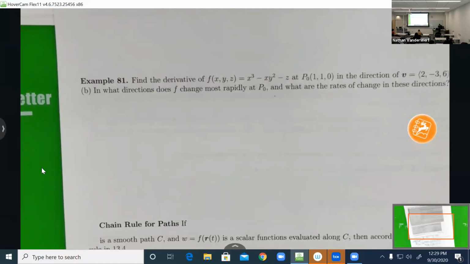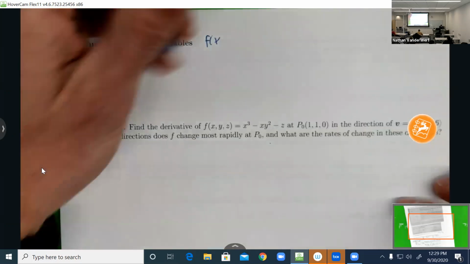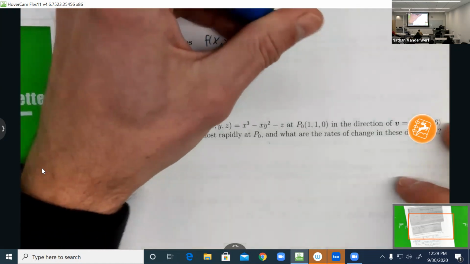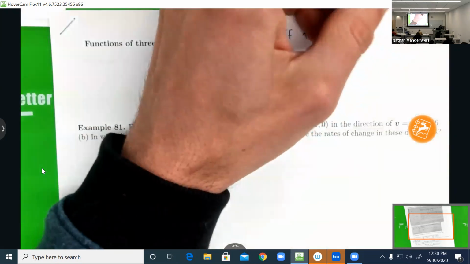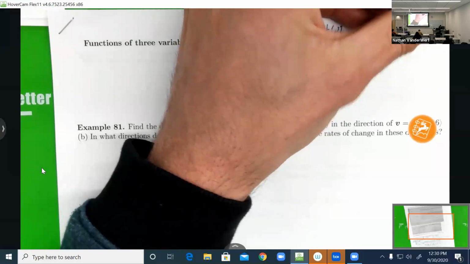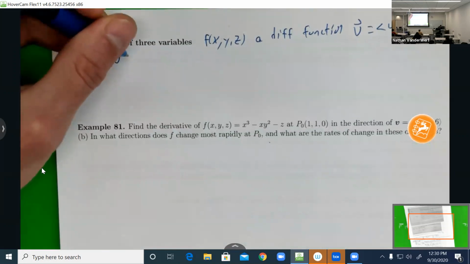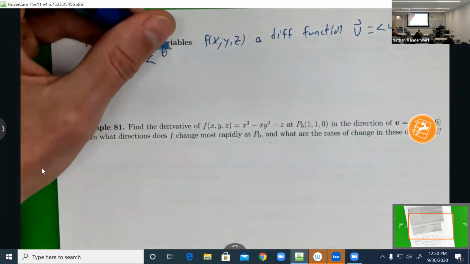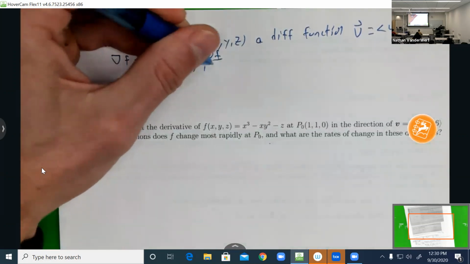So if we have f of x, y, z, a differentiable function, and let's say we have a vector u here, which is just some u1, u2, u3, then the gradient of f in this case is going to have 3 different things: partial f, partial x, partial f, partial y, partial f, partial z.